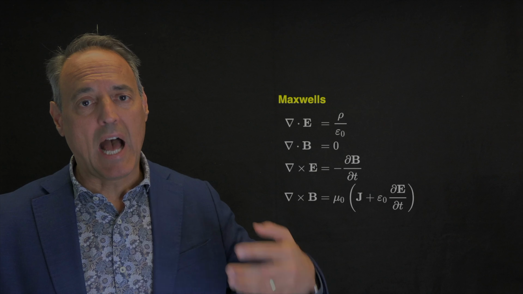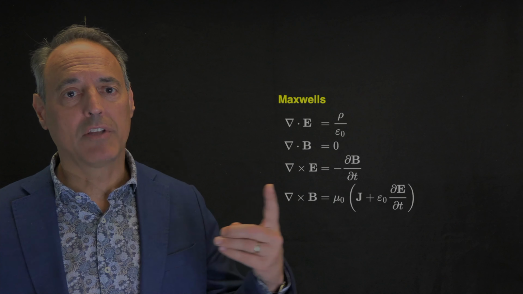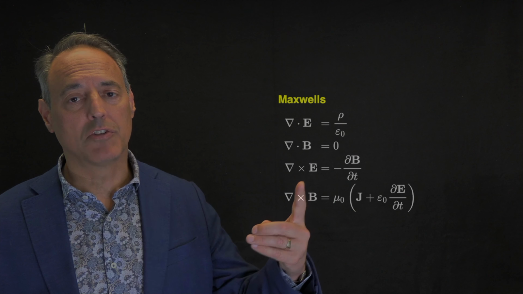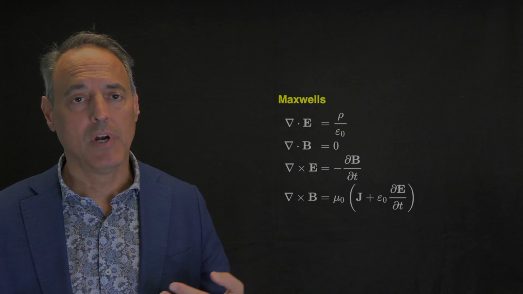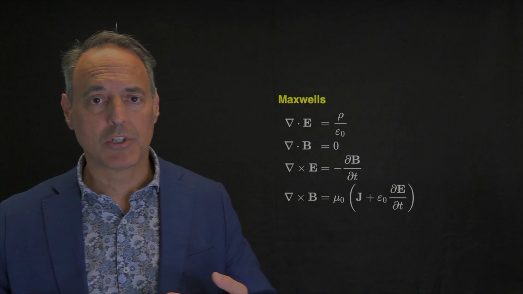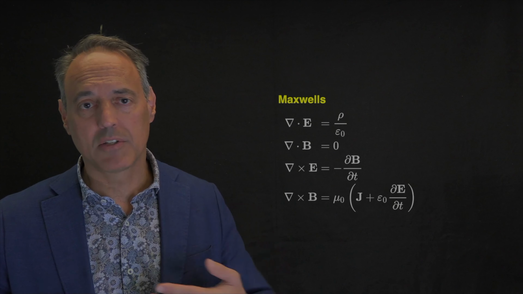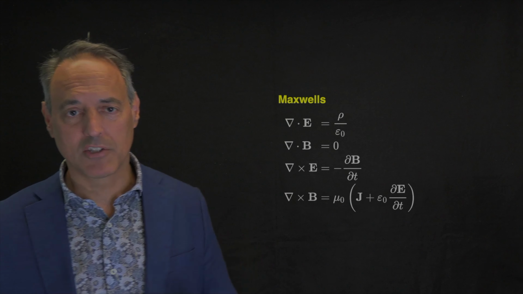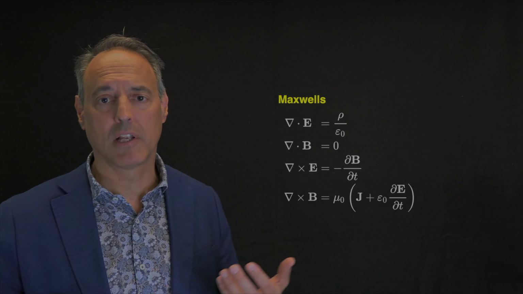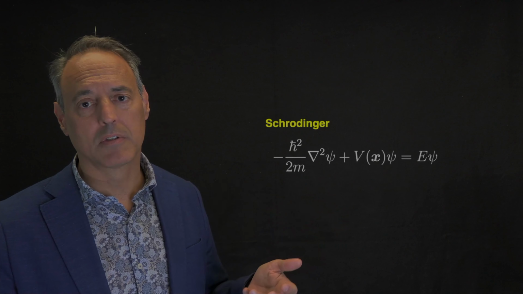But how they're changing in time is dictated by how things are changing in space with these curls and so forth. So this is one way to represent electromagnetic phenomena, which is something that we have been working on for quite a long time, because it dictates, for instance, all of our wireless communications, all of our optics, all of our laser physics. Here are the governing equations: relationships among derivatives.